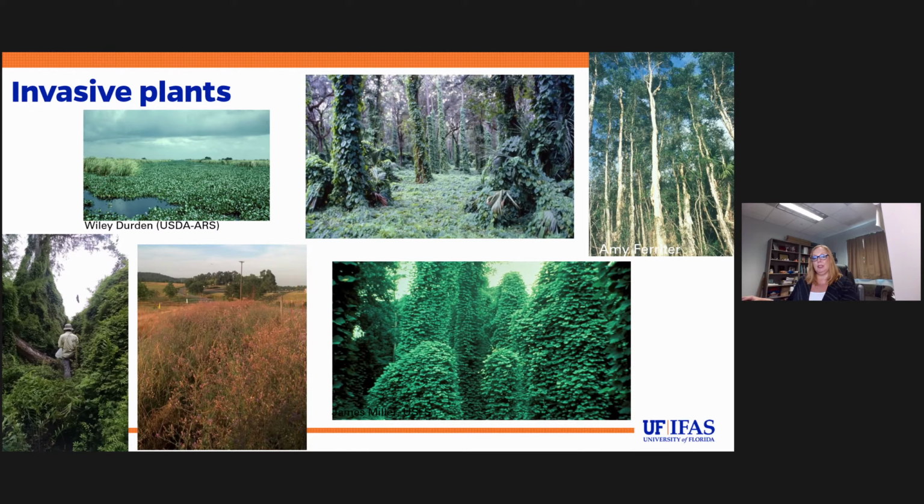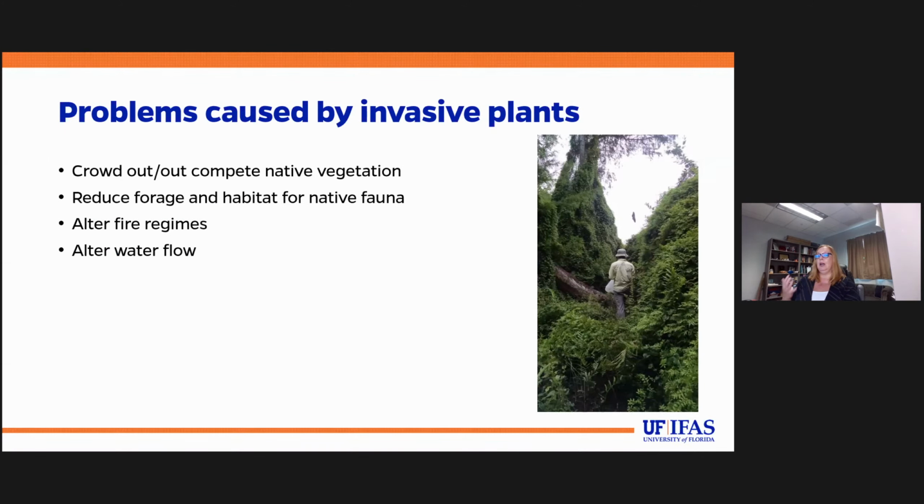These plant species can cause harm in all sorts of ways. They can cause harm to the environment. They do things like crowd out and outcompete native vegetation, as you can see in this picture right here. This is old world climbing fern, and this is actually a tree island in Loxahatchee.